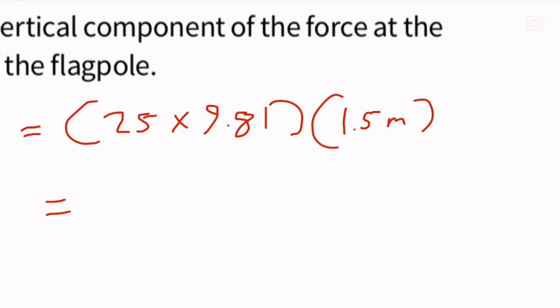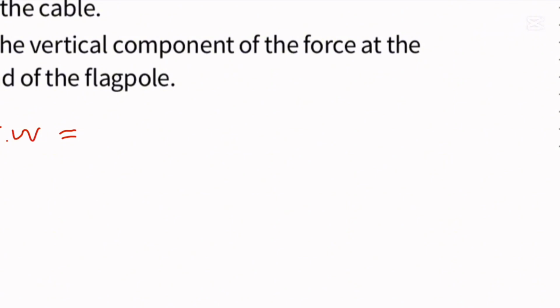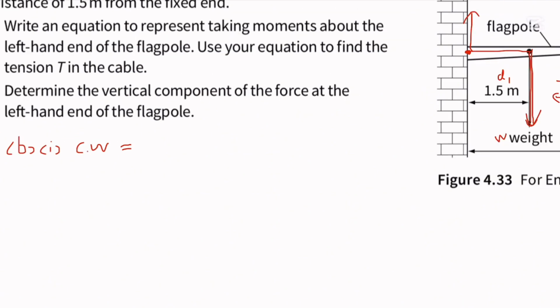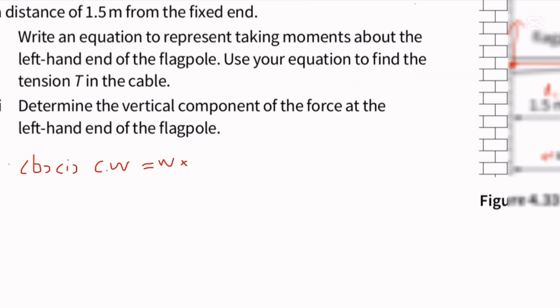You just use a calculator for this: 25 multiplied by 9.81. But we don't have to use numbers, we have to use symbols for this, I'm sorry. So the weight multiplied by the distance d1.